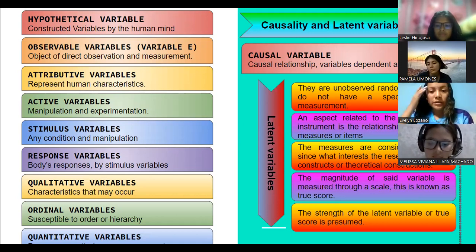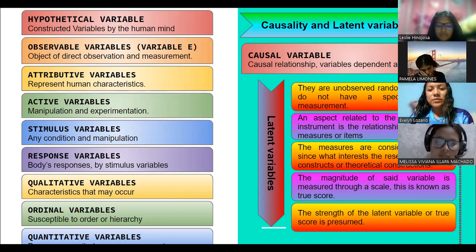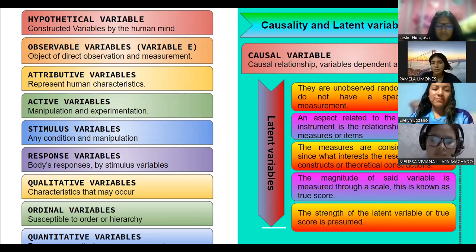One aspect related to the measuring instrument is the relationship between the measurements or items and the constructs with which these measurements are connected. The measurements are considered as secondary, since what interests the researcher are the constructs or theoretical constructions used to explain the phenomenon being studied.